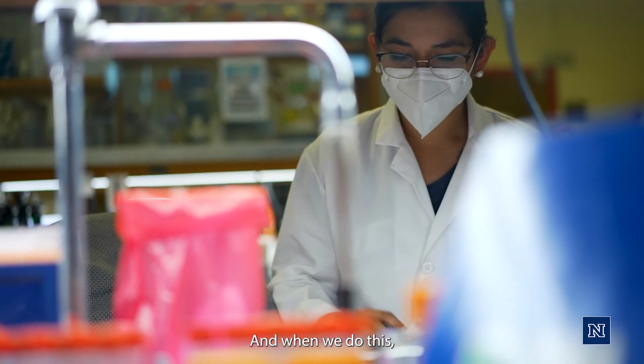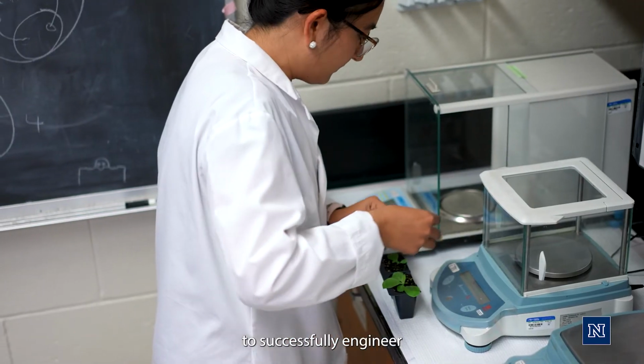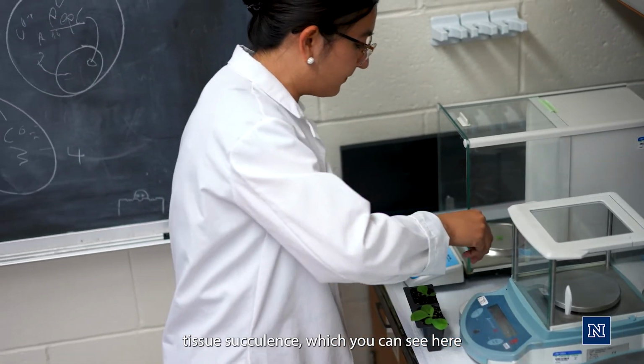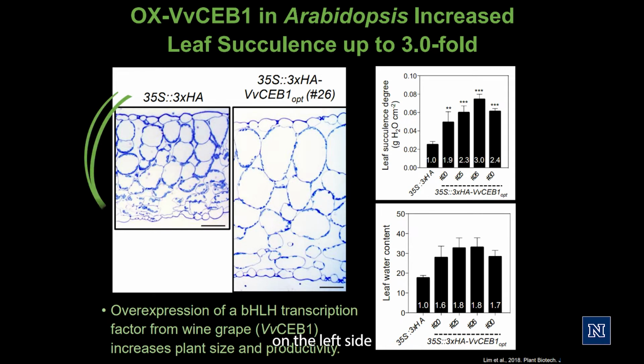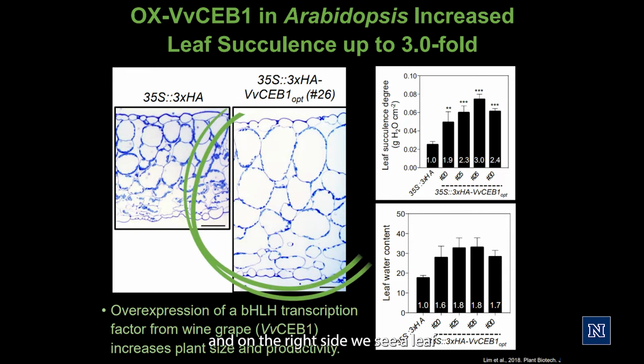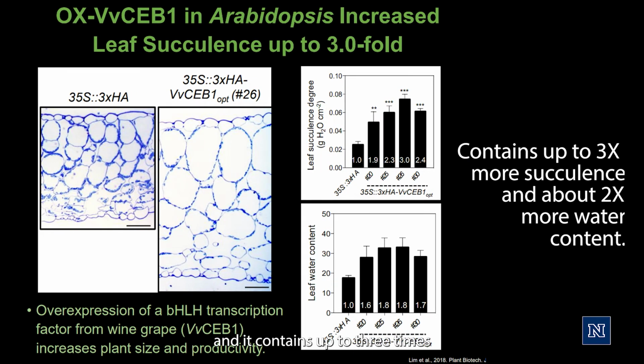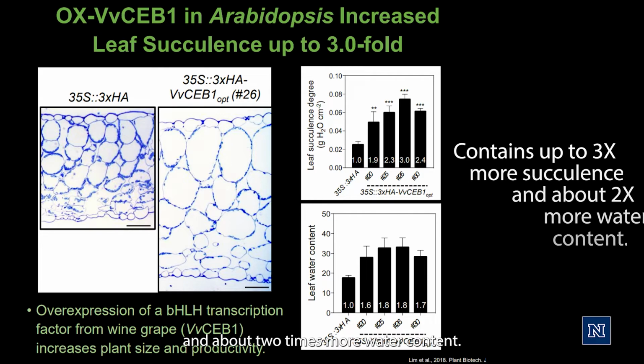And when we do this, we have been able to successfully engineer tissue succulents, which you can see here on the left side of this panel. We see a control leaf, and on the right side we see a leaf which is much thicker, about 40% thicker, and it contains up to 3 times more succulence and about 2 times more water content.